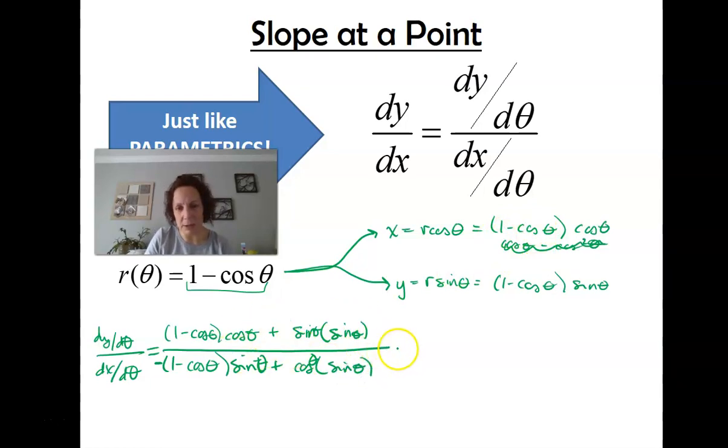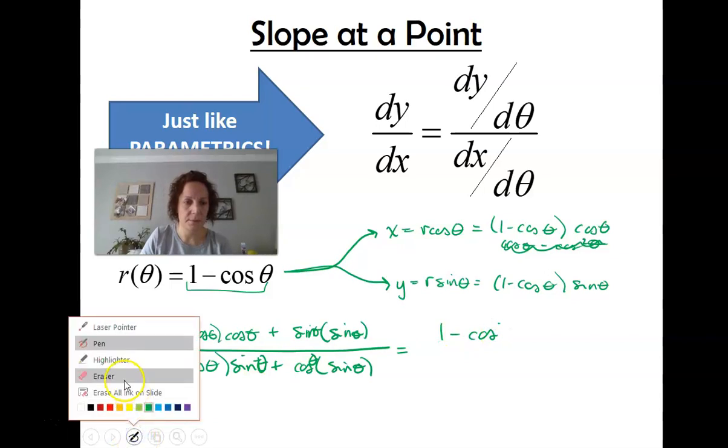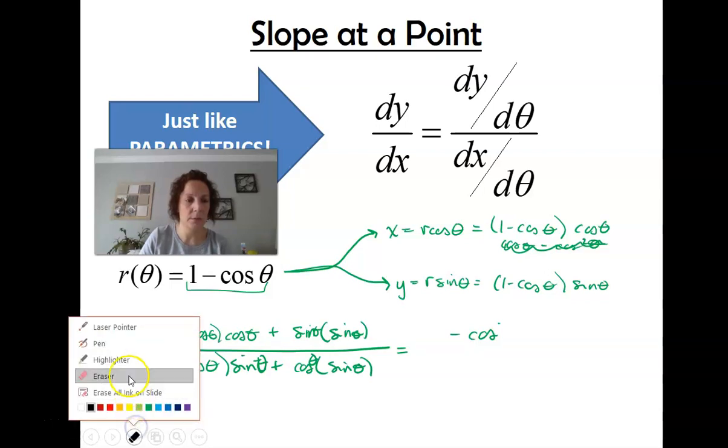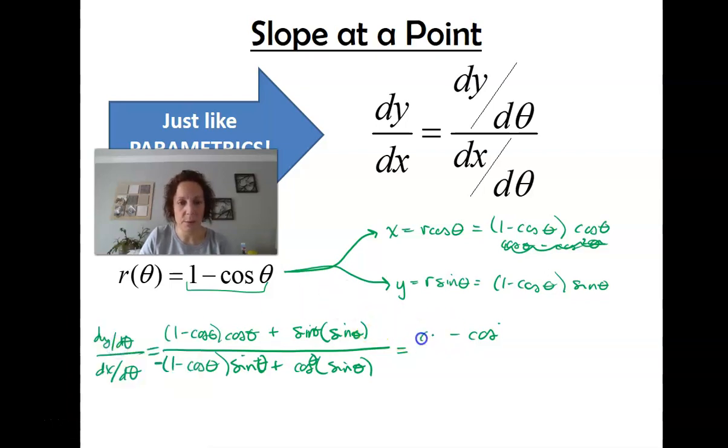So there's probably a little bit of simplifying that can be done here. Cosine, whoops. Distribute much? So this would be cosine theta minus cosine squared theta plus sine squared theta.